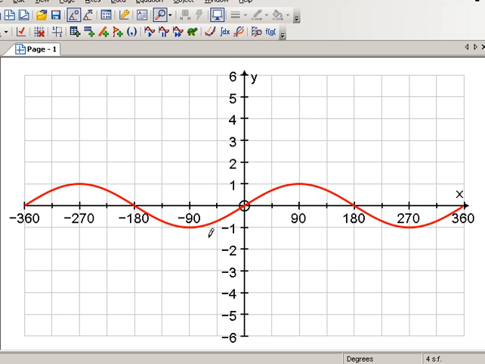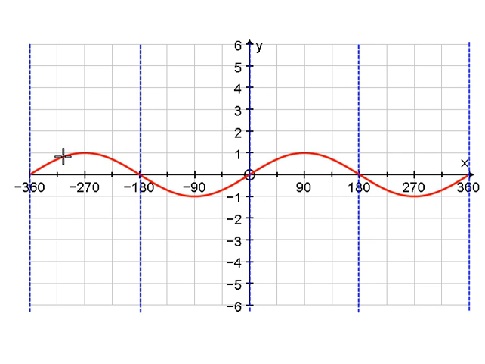To get the graph for y equals cosec x from this graph, wherever this graph goes through the x-axis, so these points, you find that you will have asymptotes on the cosec graph. So the graph in red is for sine x, and everything for cosec x, the reciprocal graph, I'm doing in blue. So you have these asymptotes to begin with.